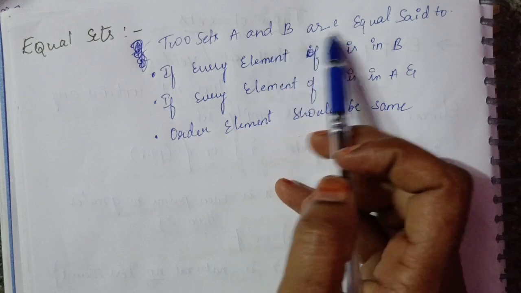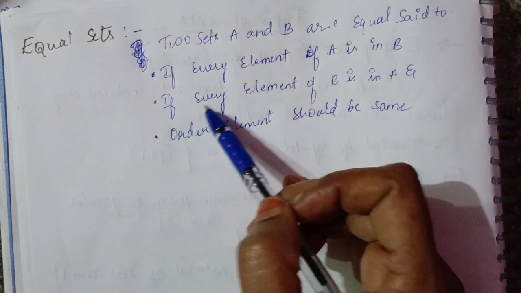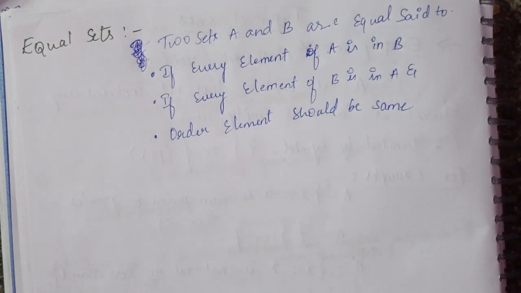Two sets A and B are equal means every element of A is in B, and every element of B is in A, and the order of elements should be the same.